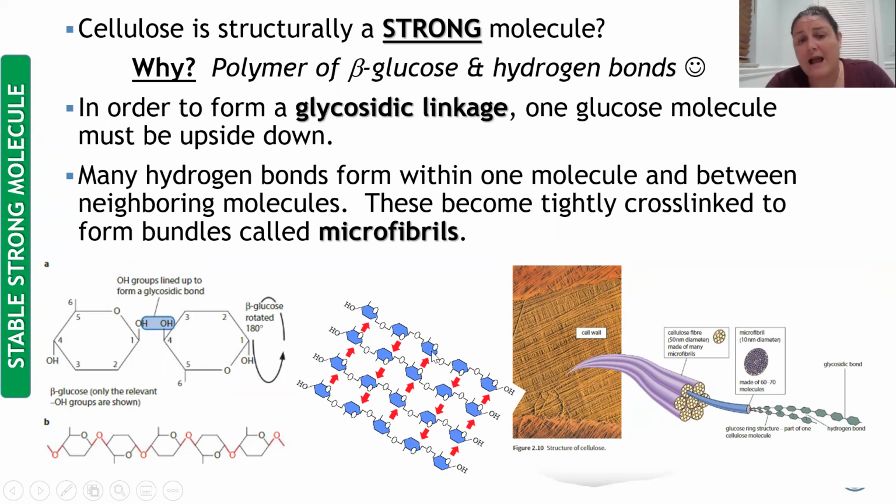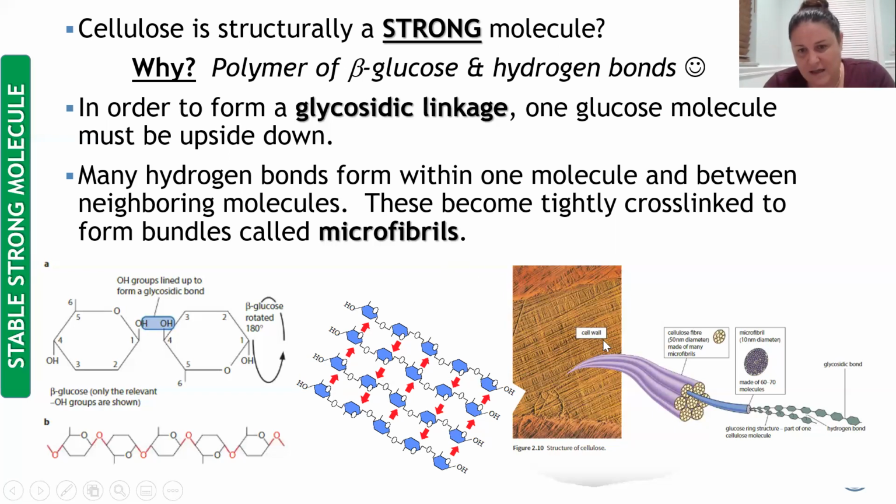And so we have these polysaccharides, these really long chains, but then a hydrogen bond can happen. They can form hydrogen bonds with each other, forming these cross links. When they form all these cross links, they call them microfibrils. And then the microfibrils can form cross links, and we can get this really super strong cellulose molecule.